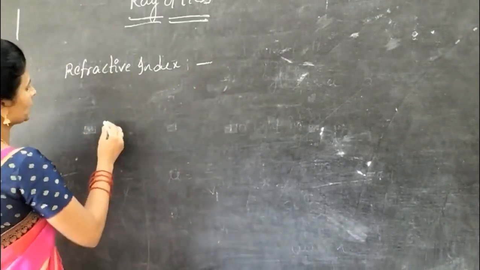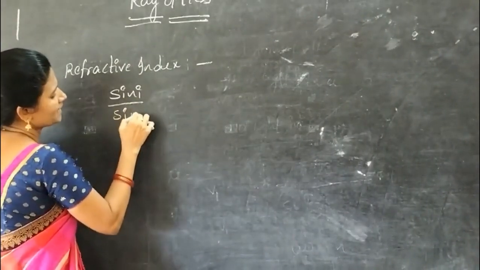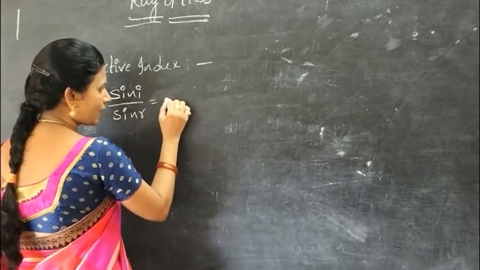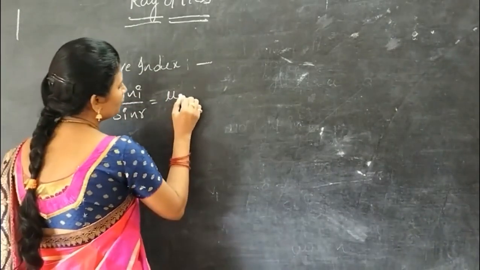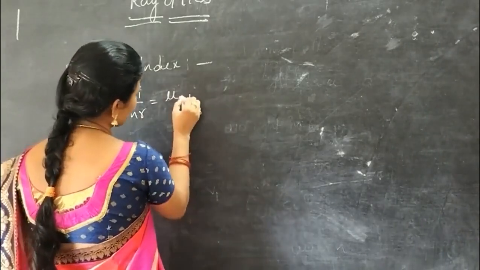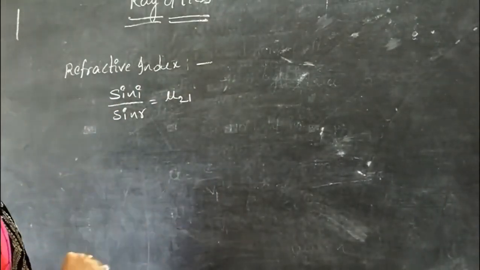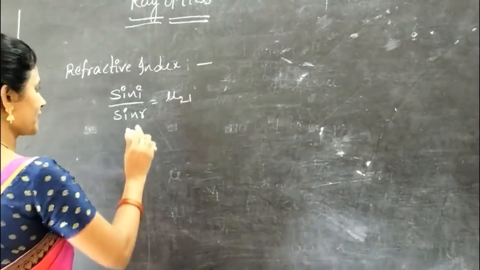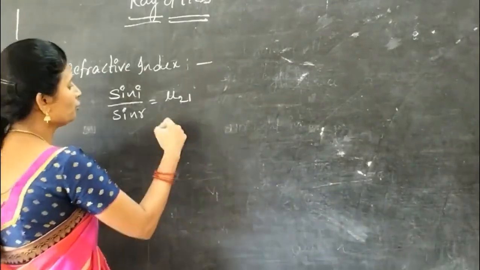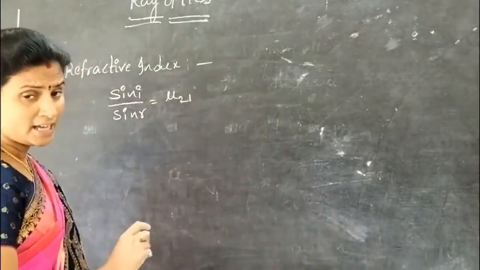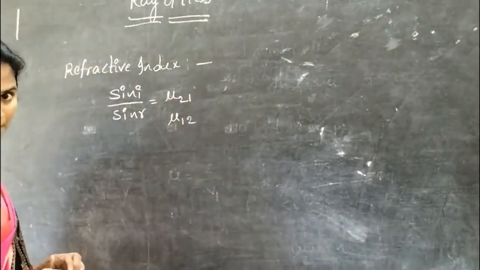According to Snell's law, sin i by sin r is equal to a constant, and that constant is the refractive index. mu21 represents the refractive index of the second medium with respect to the first medium, and mu12 represents the refractive index of the first medium with respect to the second medium.